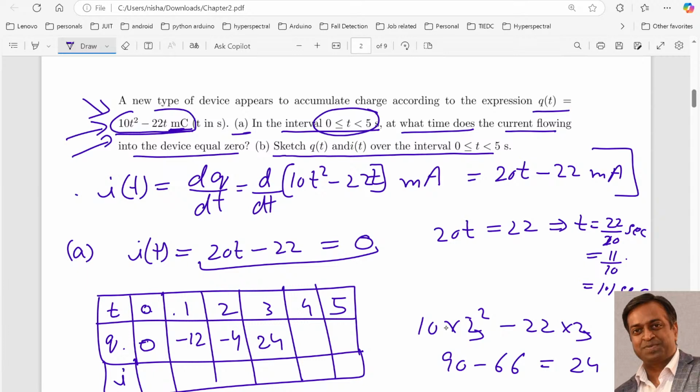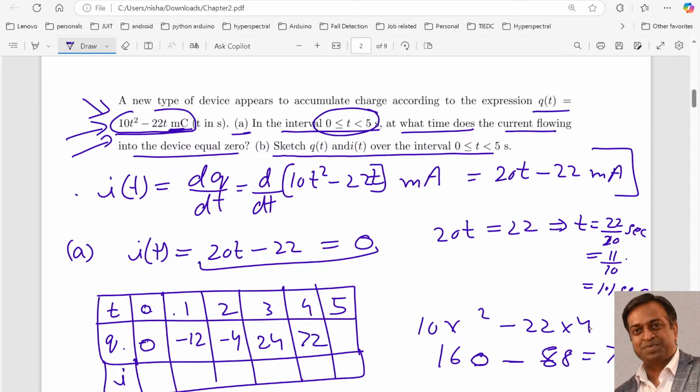When it is 4, 4 squared, so 160 minus 88, so we get 72.